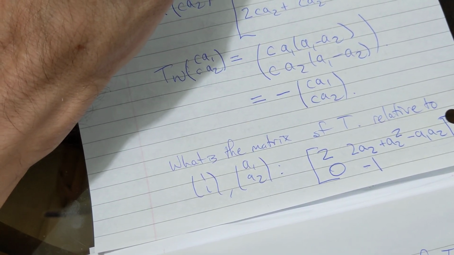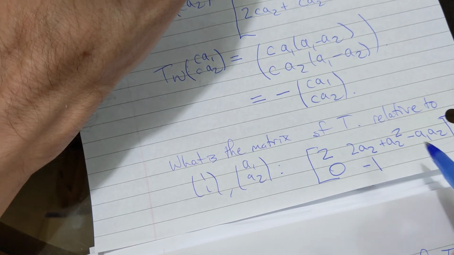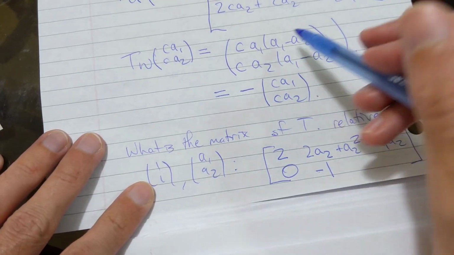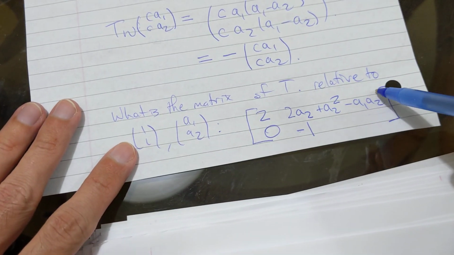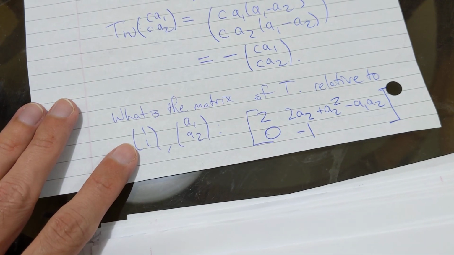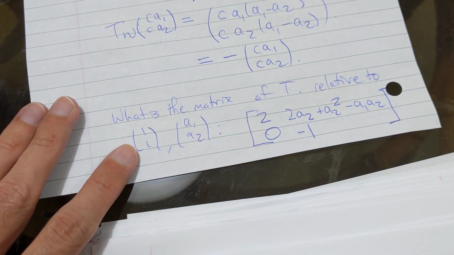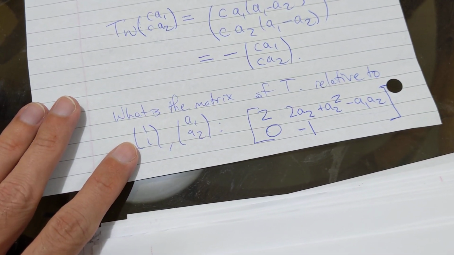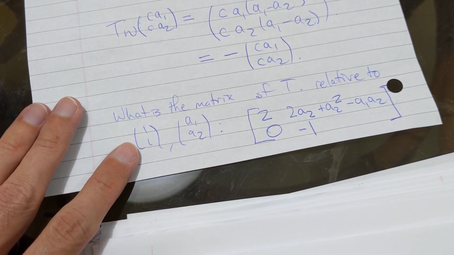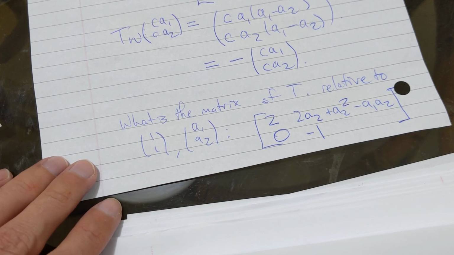So A2 minus A1 is 1, and then if we check this equation here, 0, 0, 0, yeah, we get a diagonal matrix. So that's just an interesting thing that happens, I guess.